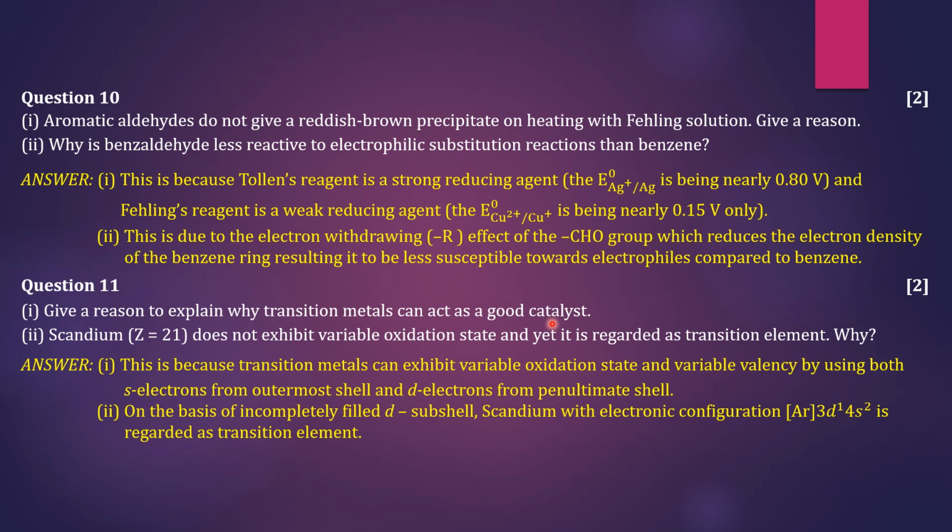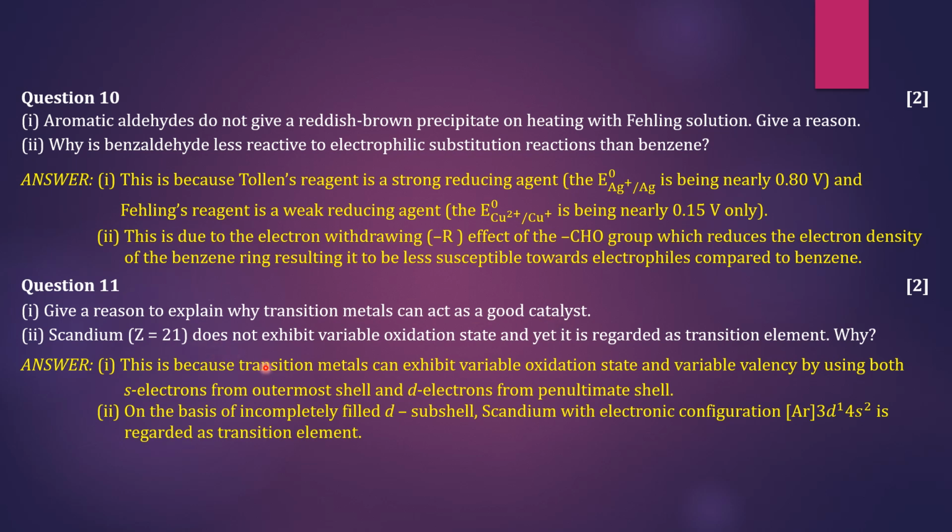But if you write the correct keyword, then every year you will get full marks. So here the keyword is variable oxidation state. Now why does it show variable oxidation state? Because it can involve both the outermost s electrons and the penultimate d electrons to show its variable valency.